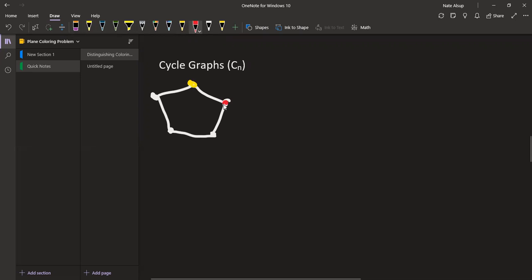This one yellow, and this one yellow. Let's do this one red. This one can't be red because there has to be symmetry across this yellow vertex. So this one has to be a different color, something like blue.